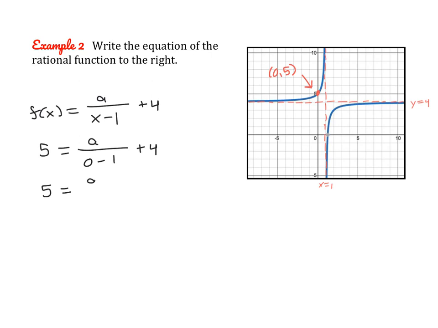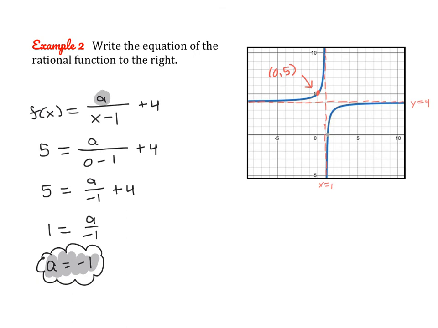So 5 equals a over -1 plus 4. And then subtract 4 from each side. And then we can multiply both sides by -1. So our a value is -1. And now all we need to do is substitute this back into our function. So f of x equals -1 over x minus 1 plus 4.